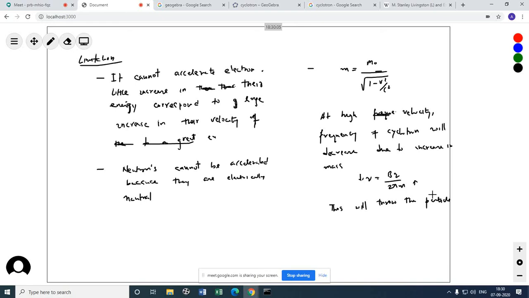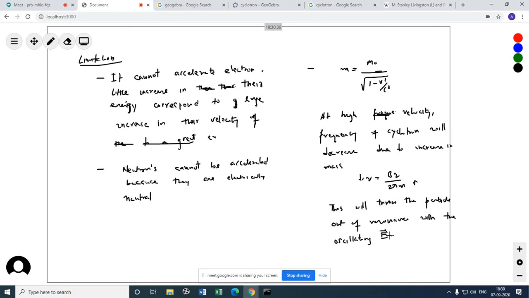This will throw the particle out of resonance with the oscillating electric field.